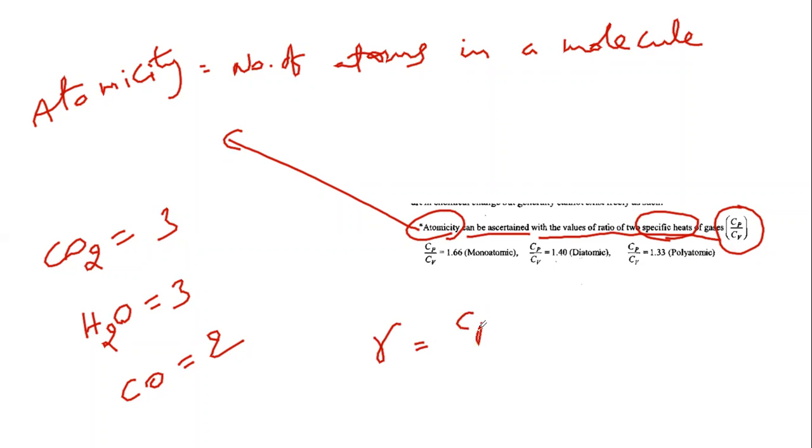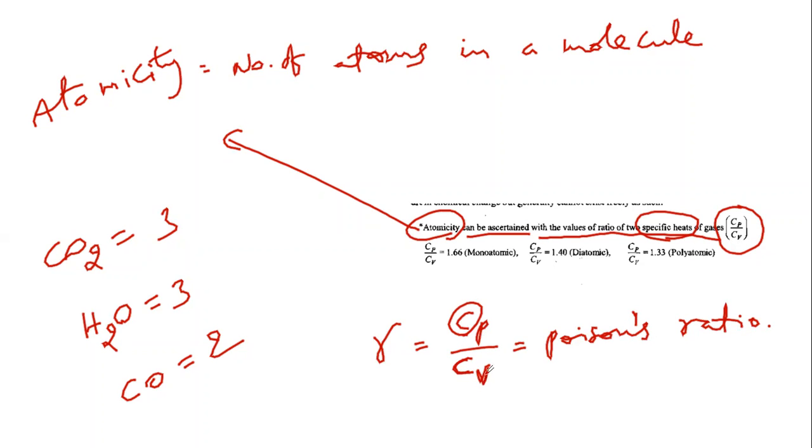Gamma is the specific heat at constant pressure divided by the specific heat at constant volume.